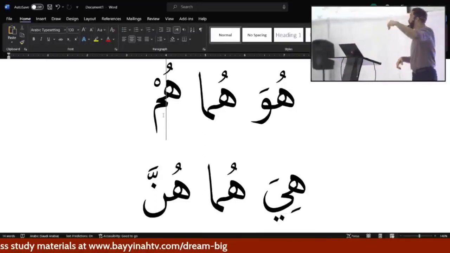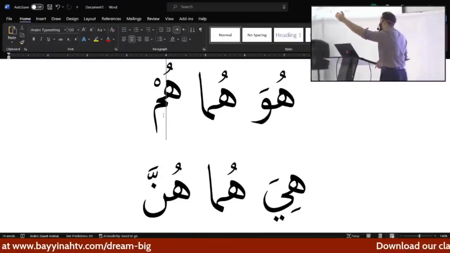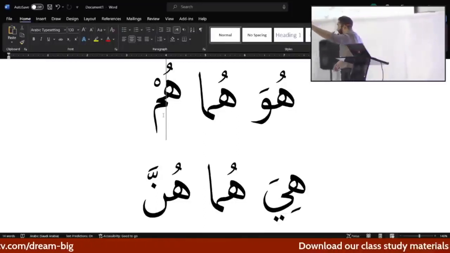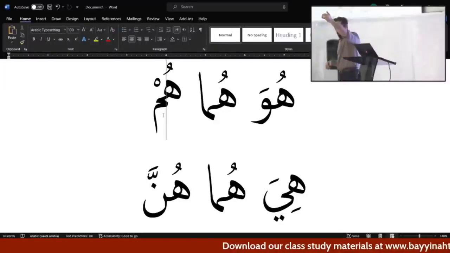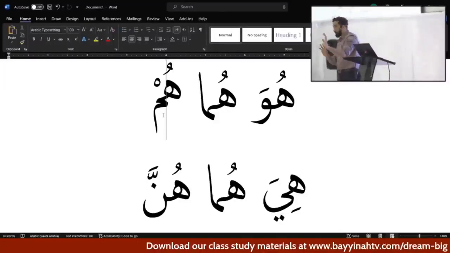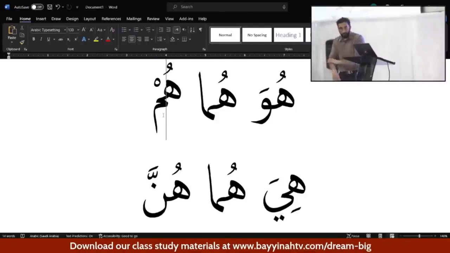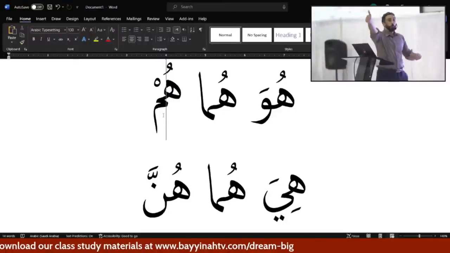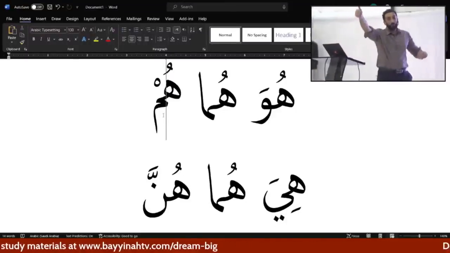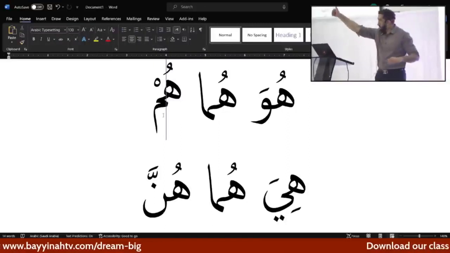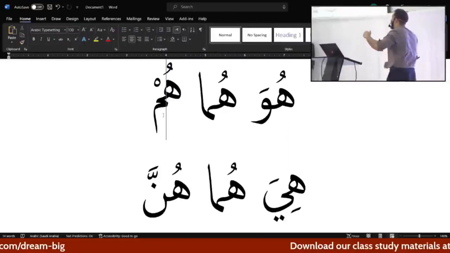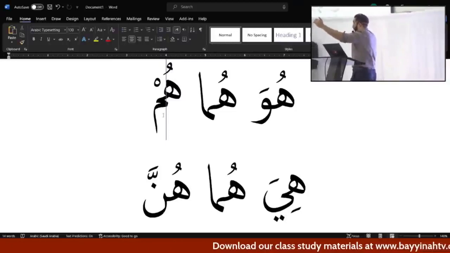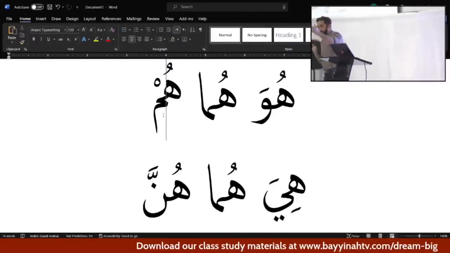The rafa' version is huma, the nasab version is, what's the cousin of huma? Huma or hima. Those could be nasab and it could be jar. The rafa' version is hum. What's the jar, nasab or jar version? Hum or him. The rafa' version is hiya. What's the nasab or jar version?